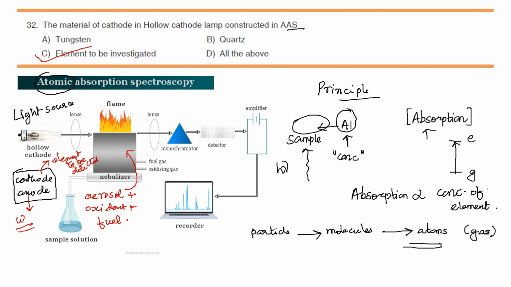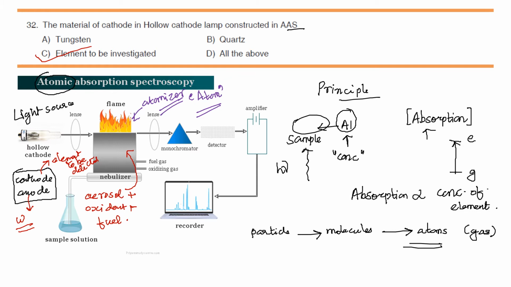So this part of the instrument consists of a component which is known as the atomizer. The function of the atomizer is to convert the element present in the sample into atoms. We need the sample in the form of atoms, and this is done by the atomizer.